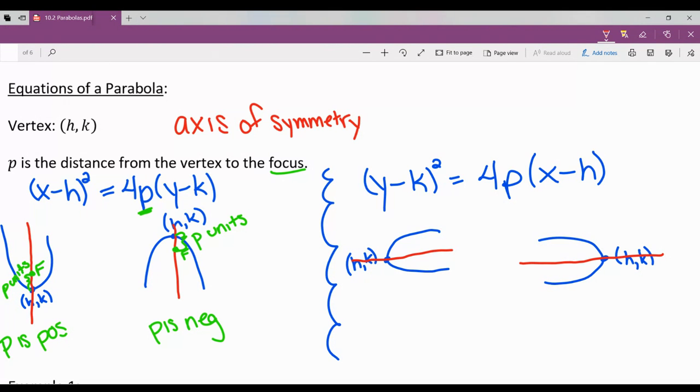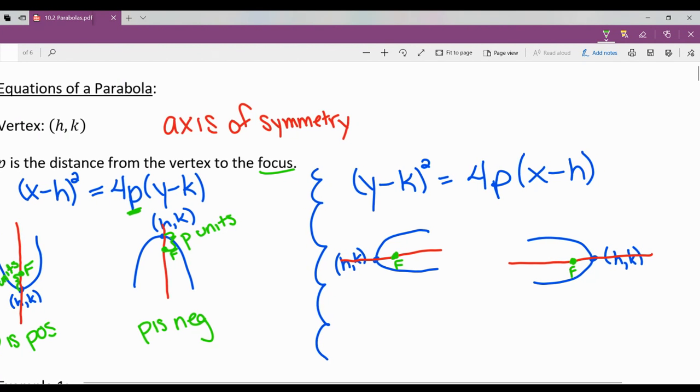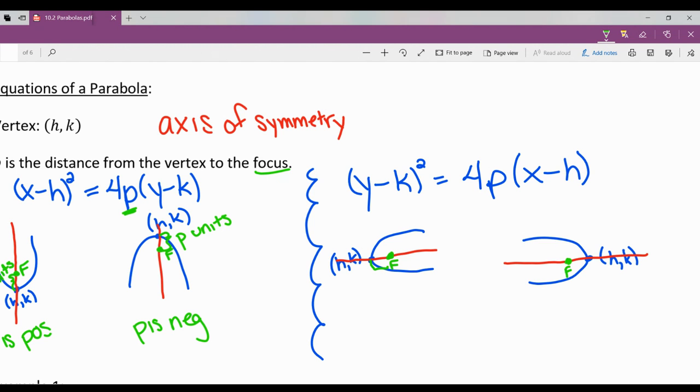And p, my focus, which is p units away, is going to be inside my parabola.